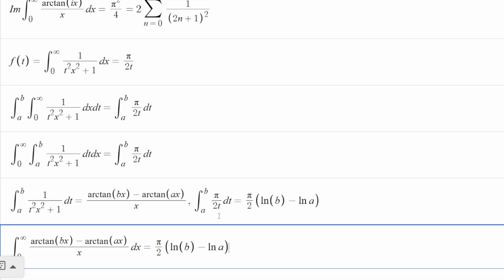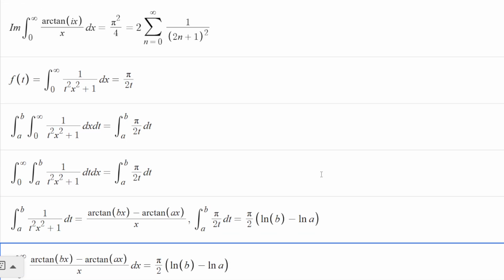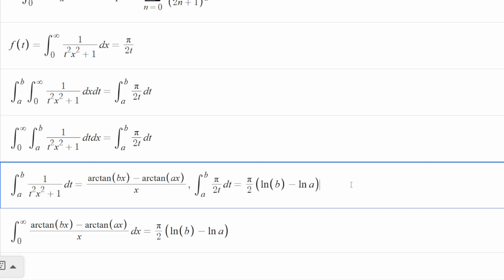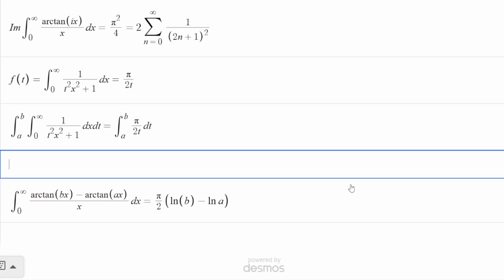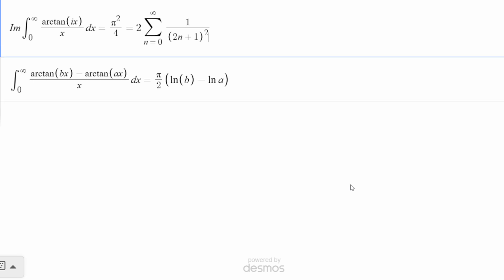All right, there we go. So what were we trying to show? I'm going to delete these intermediate steps because this is really what I was interested in showing. Now we're trying to show that the imaginary part of this is equal to pi squared over 4.